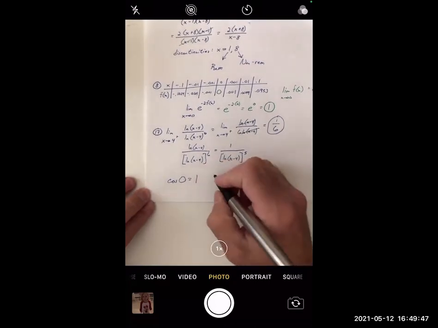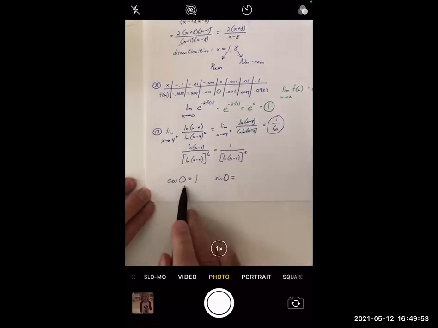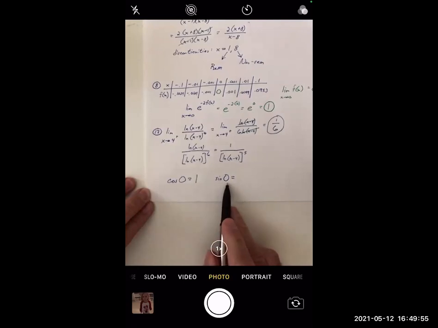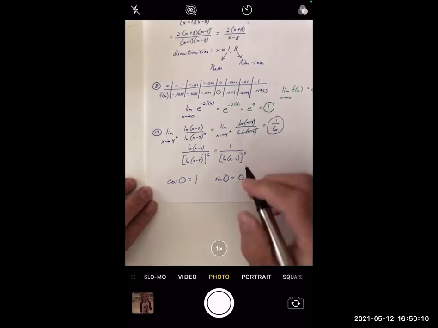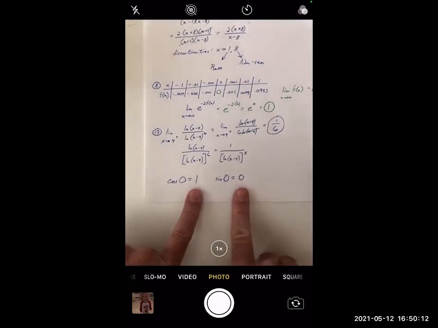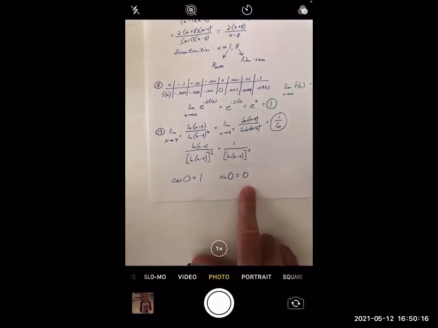And what I see a lot of is people evaluating sine of 0 instead of cosine of 0. Because what's sine of 0? Zero. Yeah. And so I see a lot of people flip flop the answers. They'll say this is 0 or this is 1.